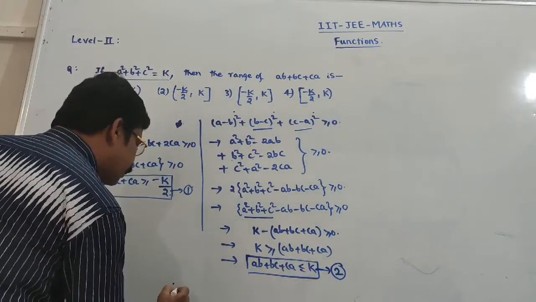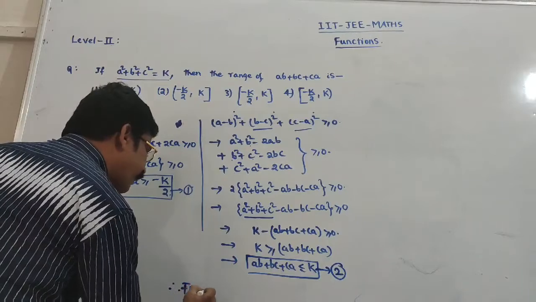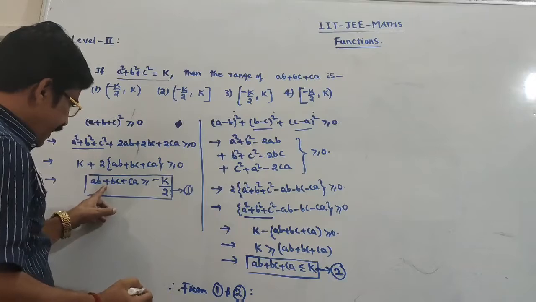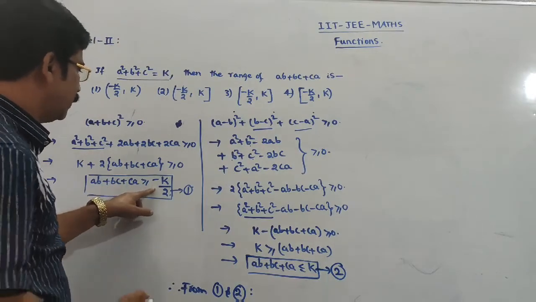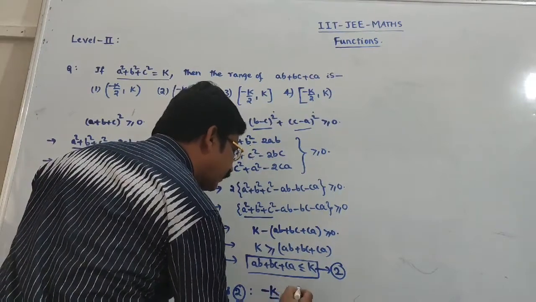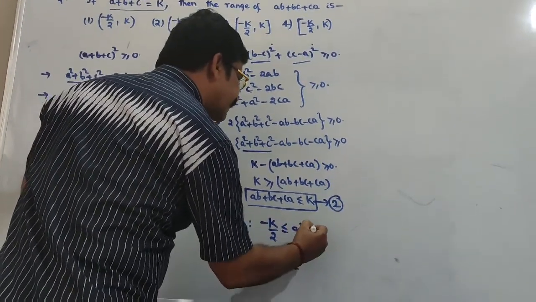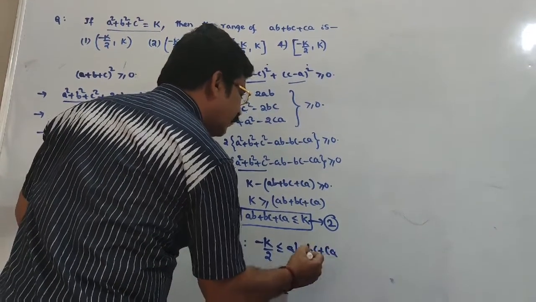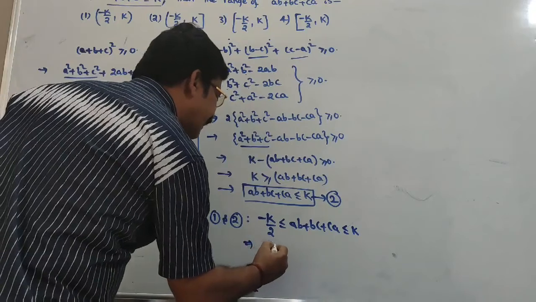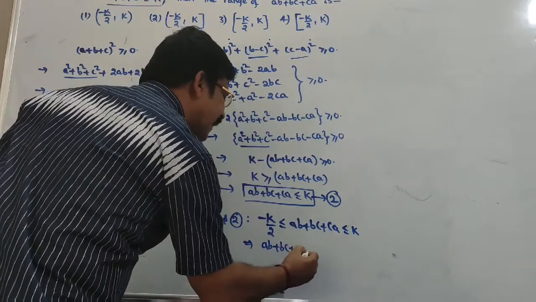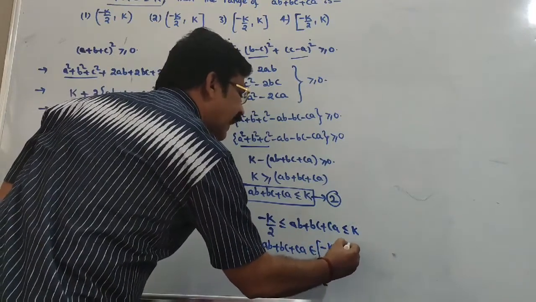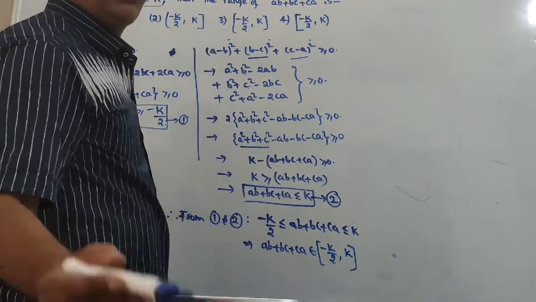So therefore, from 1 and 2 we have ab plus bc plus ca greater than or equal to minus k by 2, but this value is less than or equal to k. So that implies ab plus bc plus ca belongs to the closed interval of minus k by 2 comma k closed. It is completely closed interval.